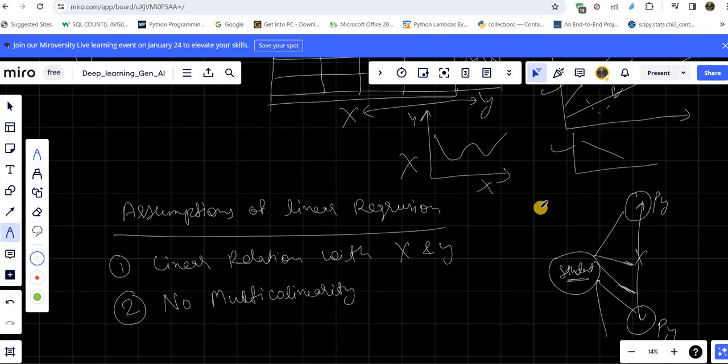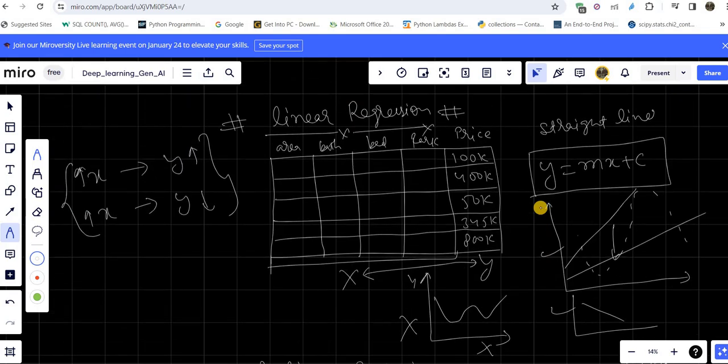So what multicollinearity means, let us suppose, if the area of a house is increased by 5% and it increases the price by 10%, and if the number of bathrooms increases by 5% and it also increases the price by, let's suppose, 8%.